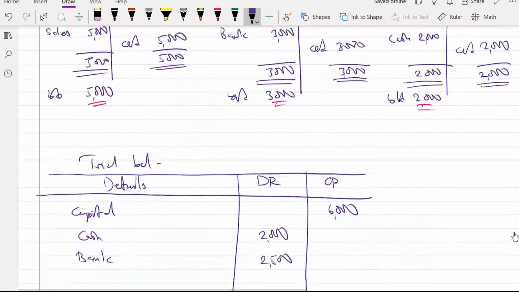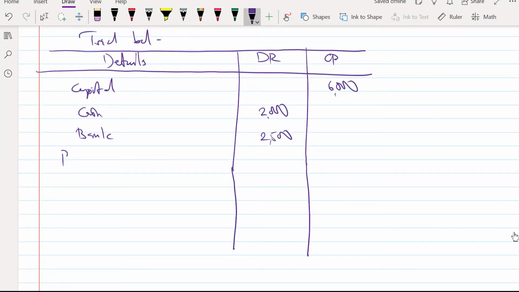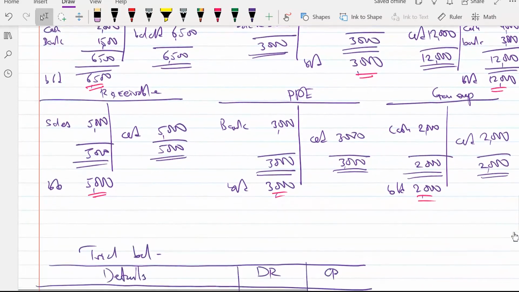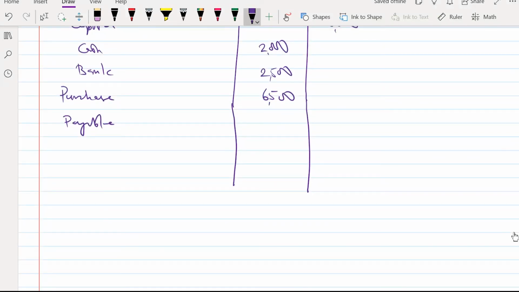Purchase is 6,500. So we have purchase 6,500. Then payables came next. And what do we have for payables? Payables is 3,000. Then we have sales. And sales was 12,000. Then we have receivable.